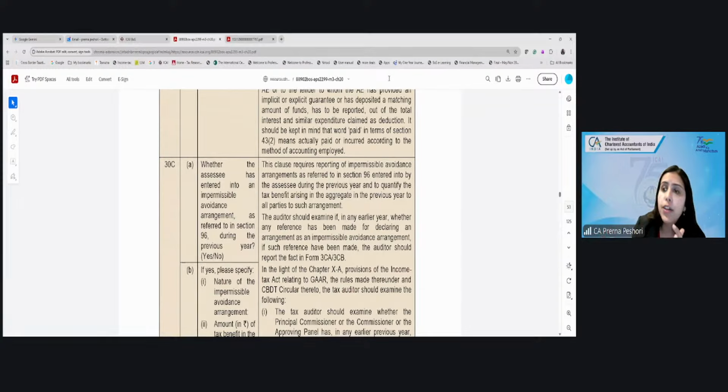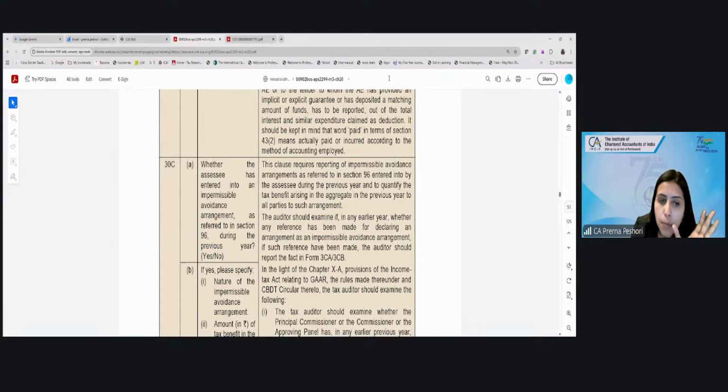The arrangement where the main purpose is to obtain the tax benefit, and where the arrangement lacks commercial substance, or is misusing the provisions of the Act, or is creating rights or obligations which are not at arm's length, or is not for bona fide purposes.